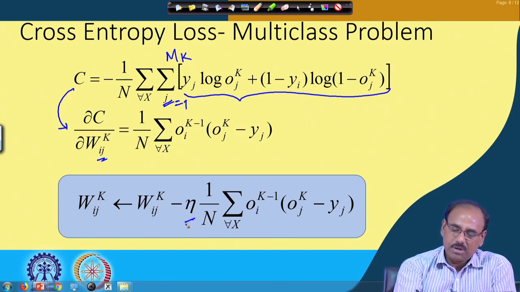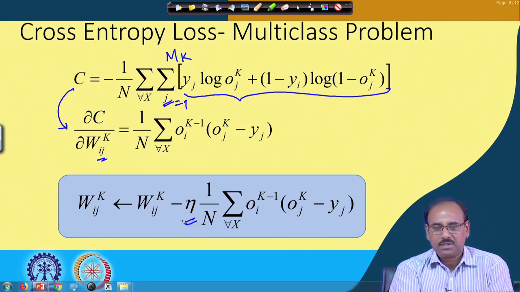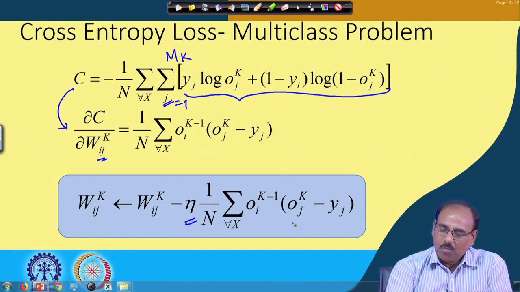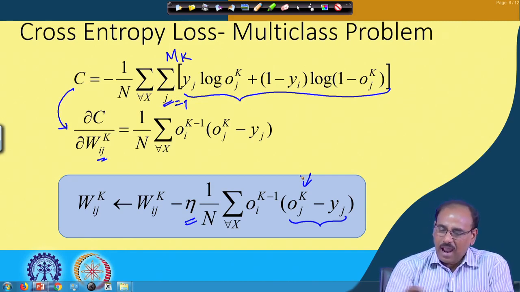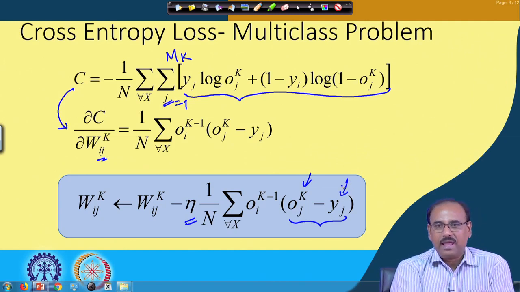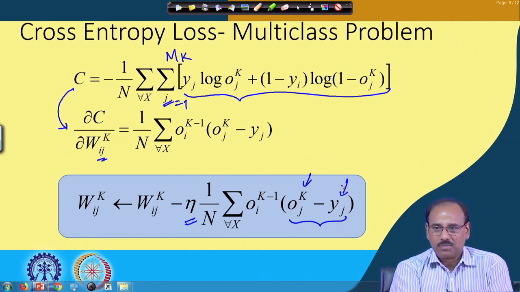minus eta times, where eta is your rate of convergence, 1 over n summation of Oik minus 1 into Ojk minus Yj. And again, as before, you can find that the more the difference between Ojk and Yj, where Ojk is your actual output that you are getting from the jth neuron in the kth layer, and Yj is the expected output, or the ground truth.